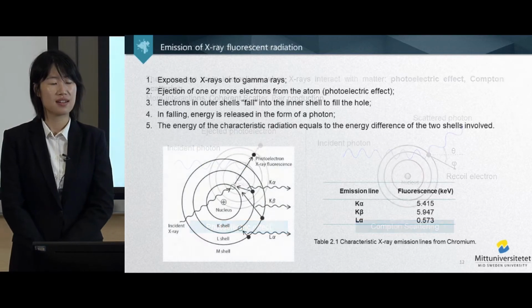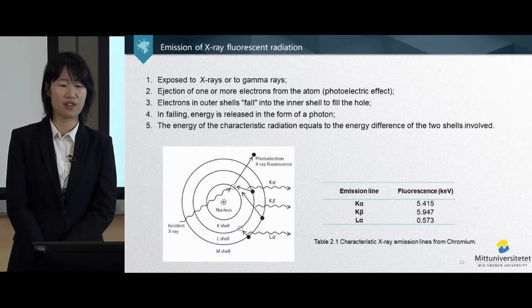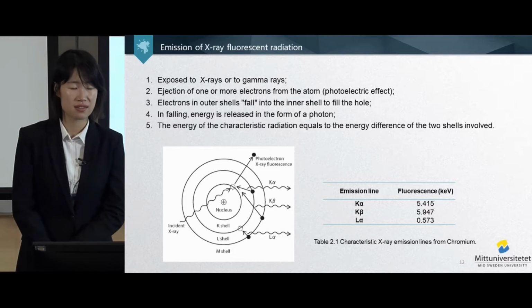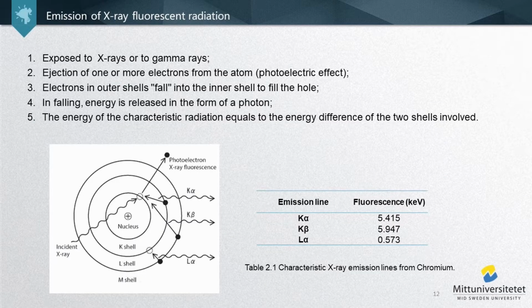So once an electron is ejected from the atom, the atom is in an unstable state. The electron in the outer shell will fall into the inner shell to fill the hole. Since an electron in the outer shell has higher energy than the inner shell electrons, in this falling process the energy is released in the form of a photon.